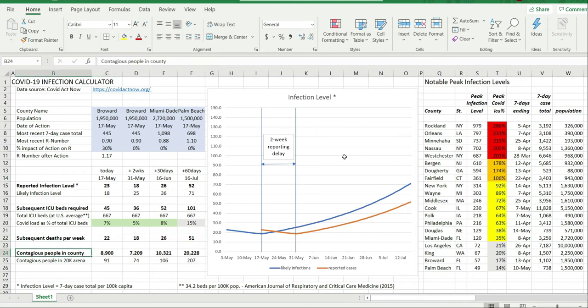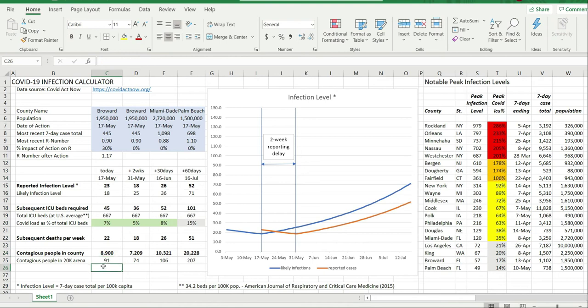Now, one other impact, again, of the infection level that's really not talked about is the likelihood of becoming infected. How many contagious people are running around in your county? Right now, in Broward County, there's about 8,900 people running around, hopefully at home or maybe in hospitals, that are contagious. That assumes a 7-day contagion period, but it's based on these numbers.